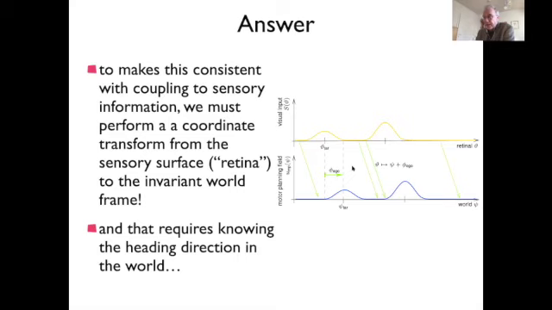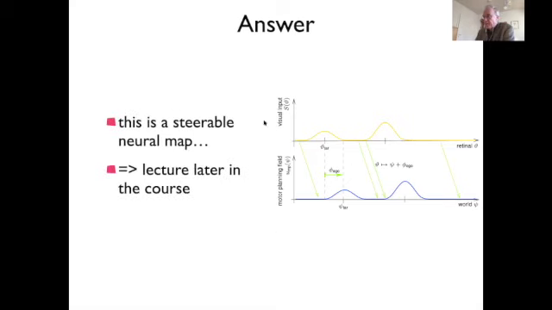So that can be done neurally. What this is, it's a neural map. You can think of the input as being represented by some sensory field. And what you need to do is map from one field to another field, one field over the retina, the other field over your body frame or the world frame and so on.